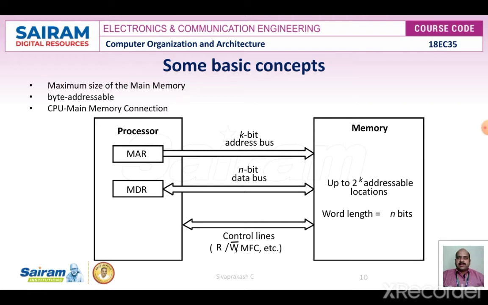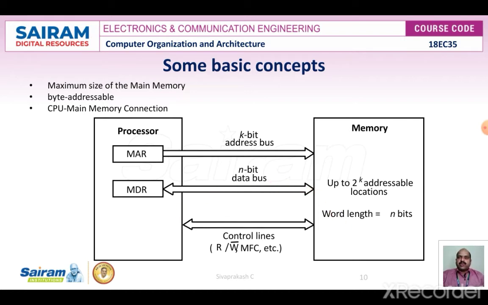Other control lines may be added to indicate the number of bytes to be transferred. The connection between the processor and the memory is shown in this structure: the memory address register is connected through the address bus to the memory, the memory data register is connected through the data bus to the memory, and the control lines interface the processor and the memory.